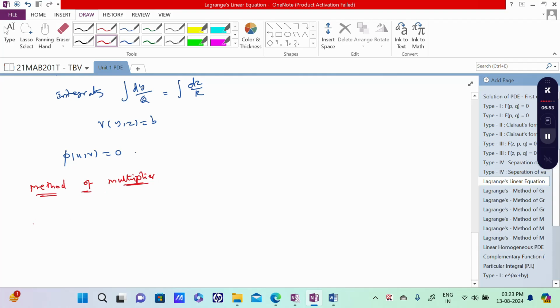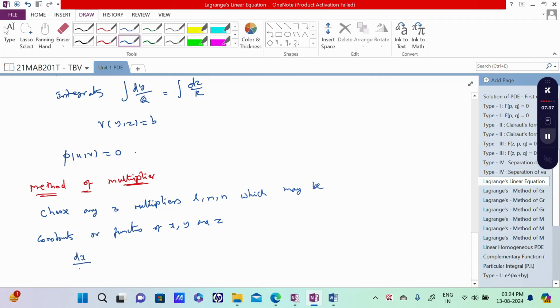In the method of multiplier, choose any three multipliers L, M, N, which may be constants or functions of x, y and z, such that we consider the auxiliary equation dx by P, dy by Q, dz by R.